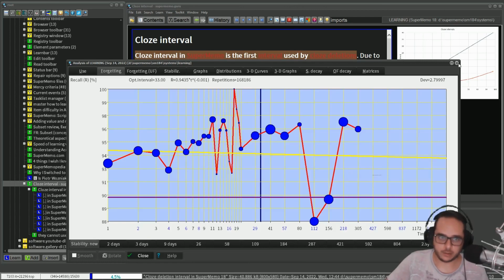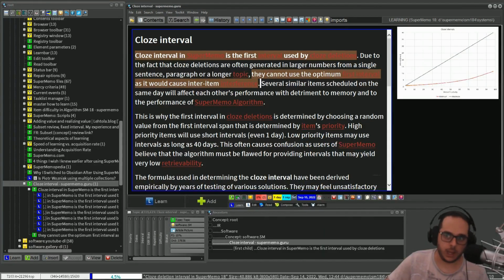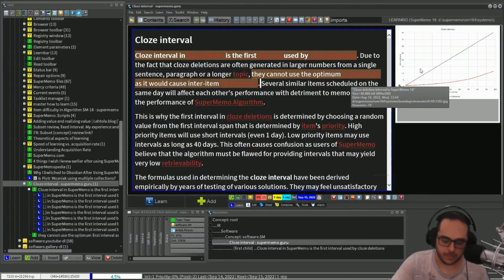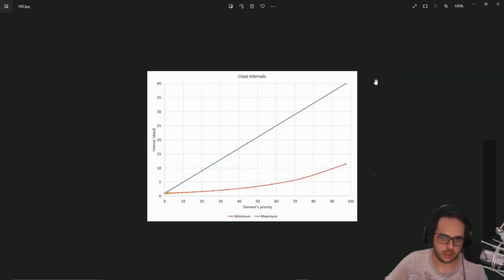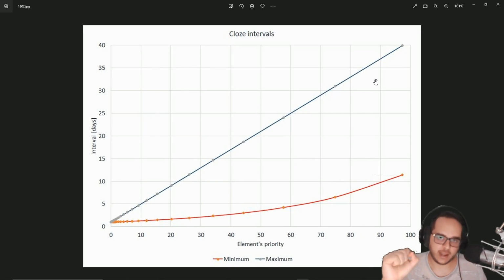But in the cloze deletion, the cloze interval will be 100% determined by the priority. In other words, no performance data of my collection, no repetition history of my collection will affect that. Only the priority of the topic will affect it.